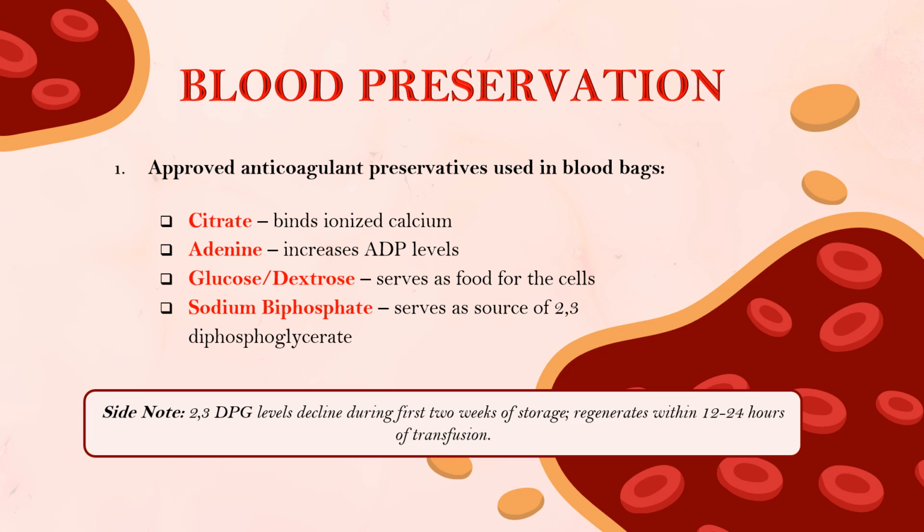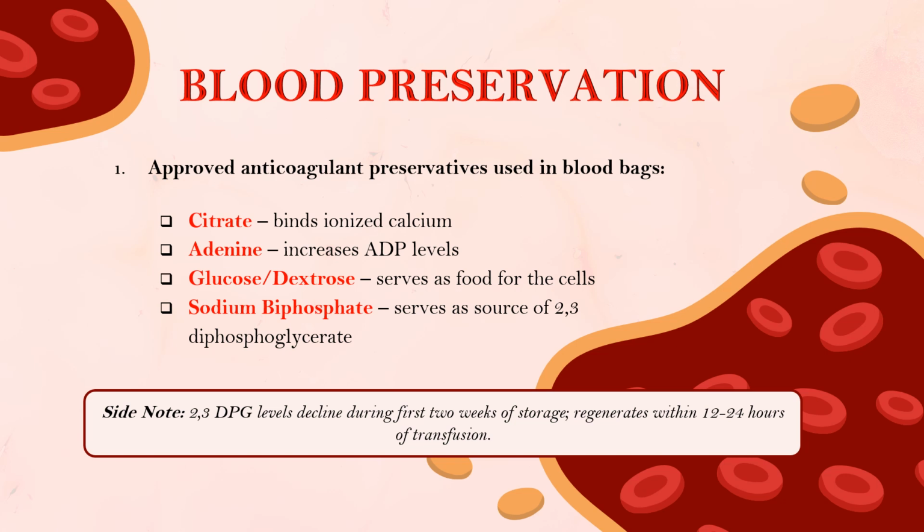First, citrate. It chelates ionized calcium via a binding or coupling reaction, and this action will inhibit all the calcium-dependent steps of your coagulation cascade or pathway. I believe you have already encountered and discussed the coagulation pathway during your hemo 1. Your adenine will increase adenosine triphosphate levels within the blood bag during storage.